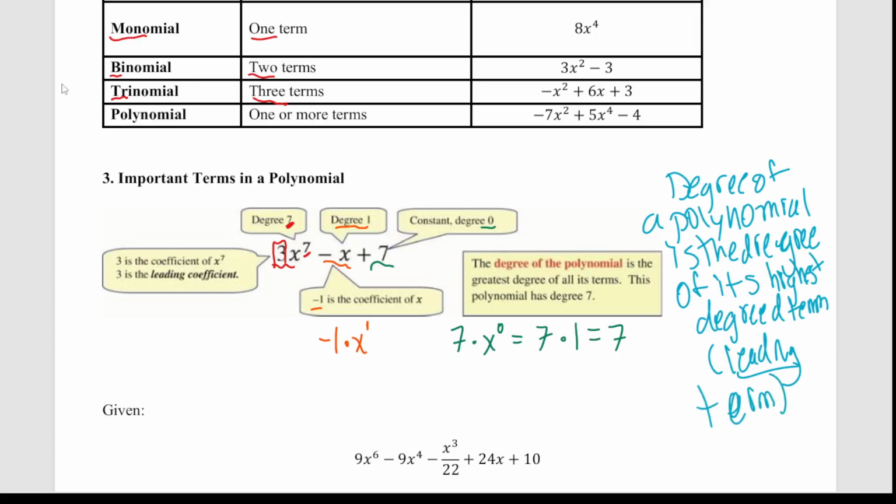So in this case, that leading term would be 3x to the 7th. So the leading coefficient would be 3, and the degree would be 7 because of that leading term.